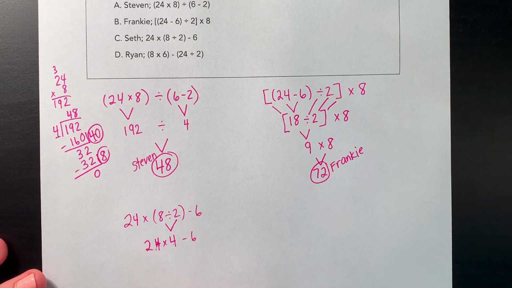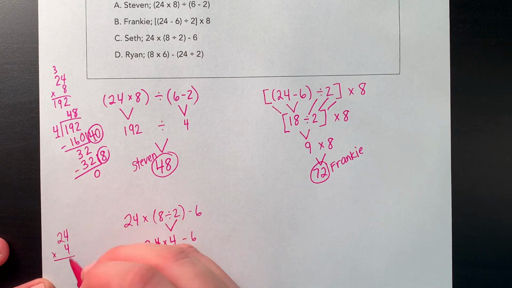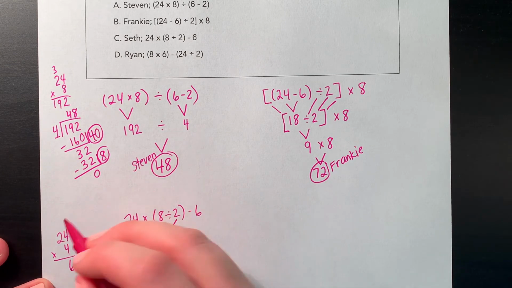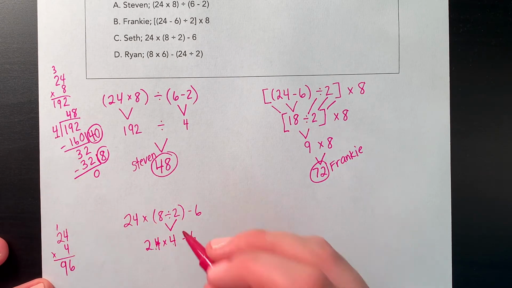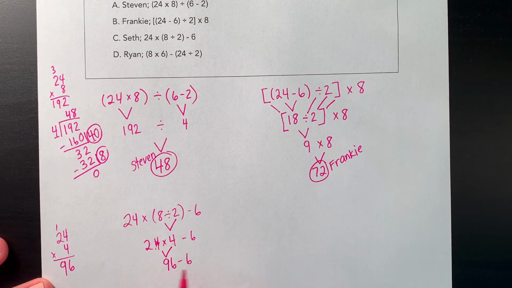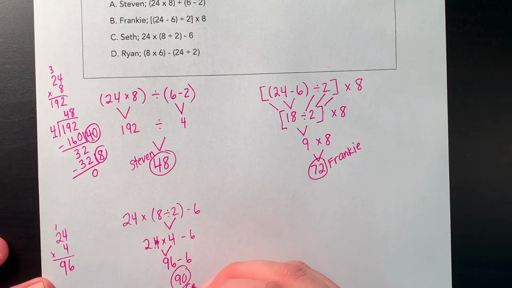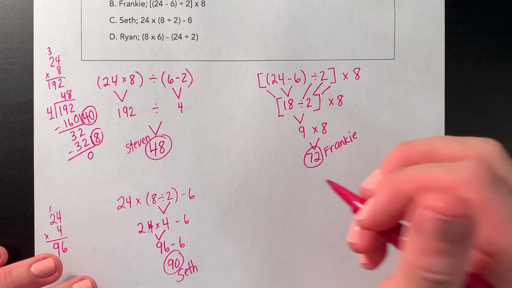So I'm going to figure out what is 24 times 4. Off to the side. 4 times 4 is 16. Carry the 1. 4 times 2 is 8, plus 1 is 9, so 96. And 96 minus 6 is 90. That means Seth is now in the lead. So we just have to see how Ryan did.